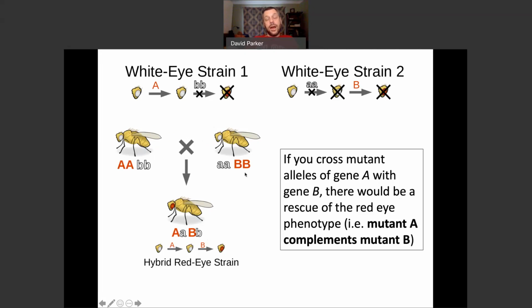On the other hand, the capital B from this strain of flies rescues the homozygous recessive B from the first strain. Therefore, we have a functional step B, and we get a hybrid that has red eyes. This is called complementation, where we get one wild type from each strain, rescuing the mutant from the other strain.